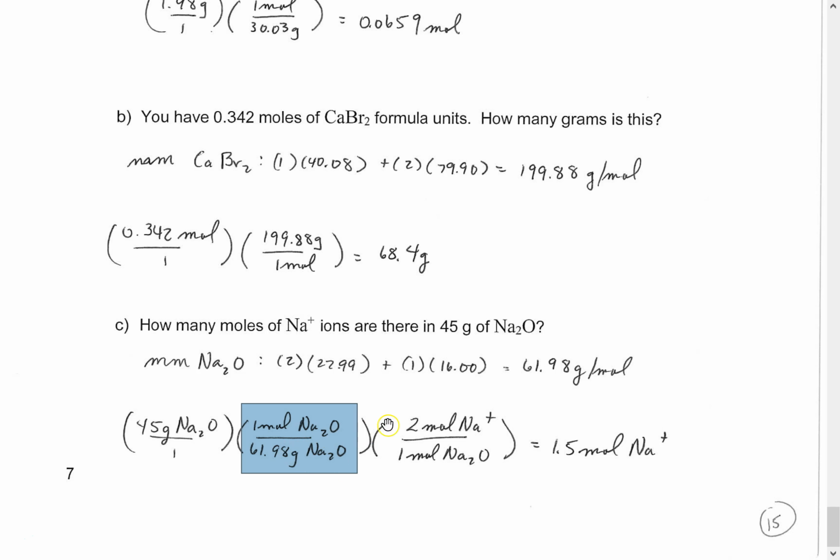That will give me moles of Na2O. And then, like I said a minute ago, then I can put 2 moles of Na+ over 1 mole of Na2O. Okay, so then my moles of Na2O cancel. I'm left with moles of Na. So round to 2 sig figs, then that leaves me with 1.5 moles of Na. So there you have it. Let me know if you have any questions.